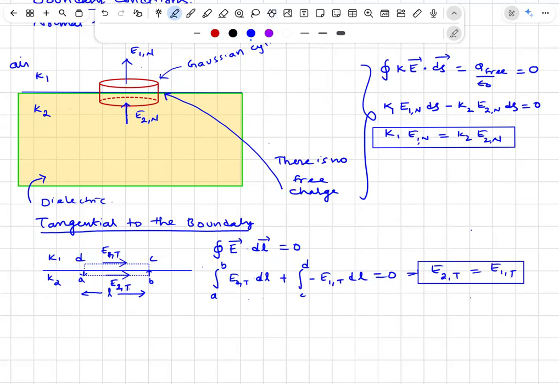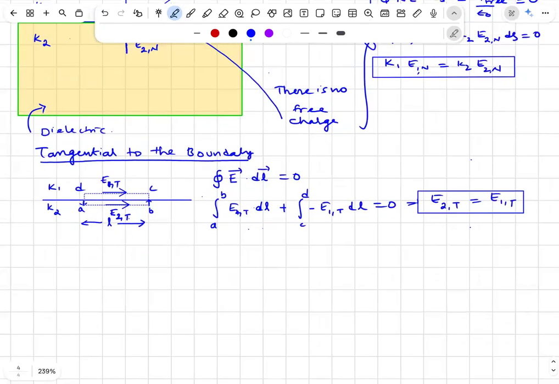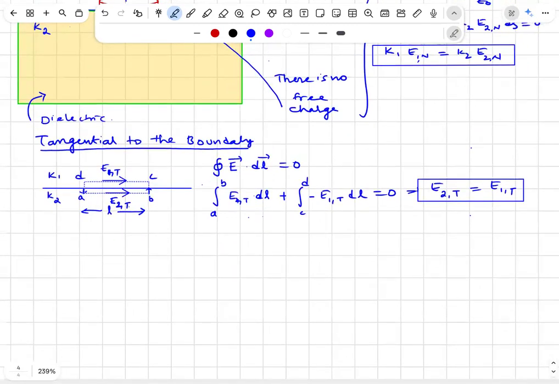E2 tangential is E1 tangential. Any doubts? Boys and girls, any doubts? Next. Previously the condition I took was that above is air, below is dielectric. Any doubt in this, by the way? Right. These are very important.